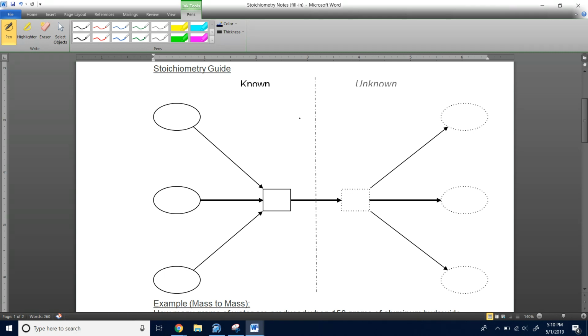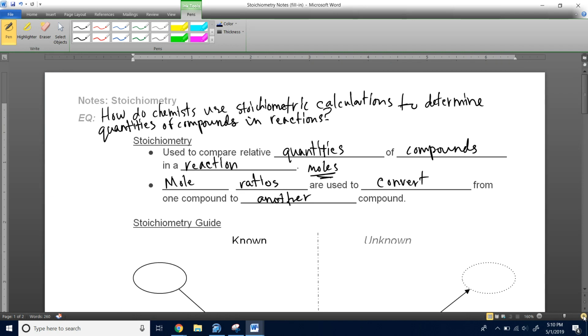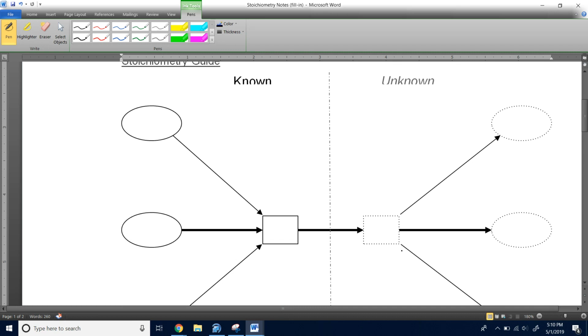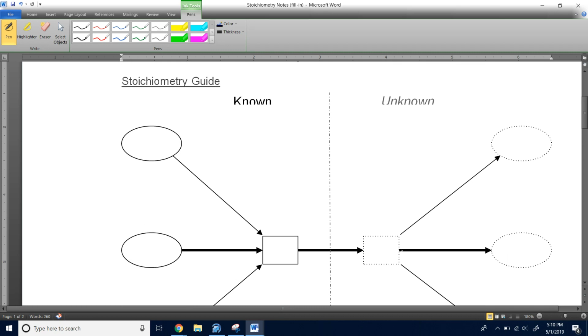So here we go, one by one. Let me zoom back in. It just makes it a little bit easier when we write. So our known units are going to be for one particular compound, which we're going to call compound 1. Compound 1 is always what we know. This is what's given in the problem.